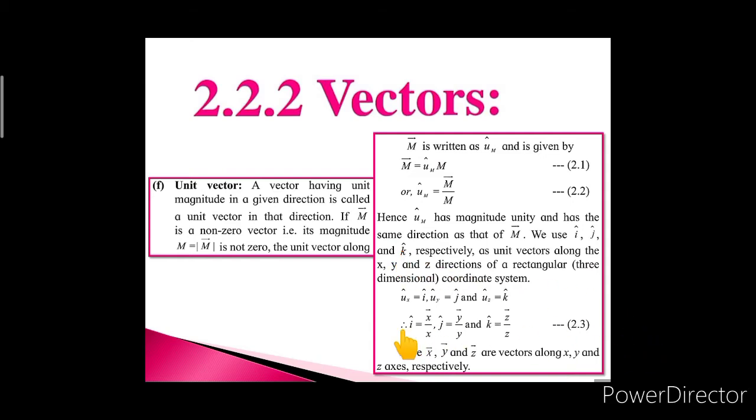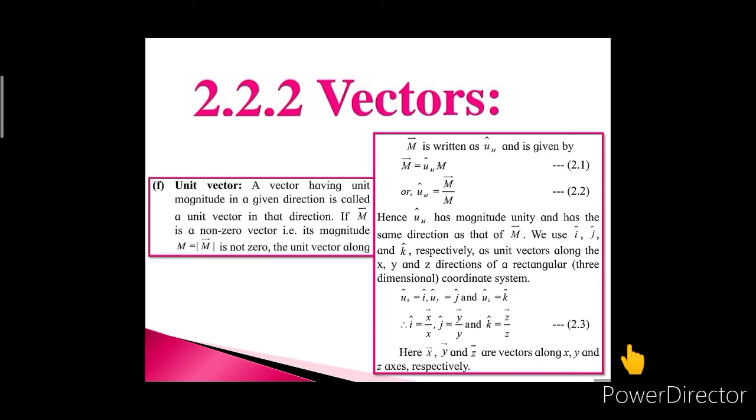Hence i cap is given as vector x upon magnitude of vector x, j cap is vector y upon magnitude of vector y, and k cap is vector z divided by magnitude of vector z.